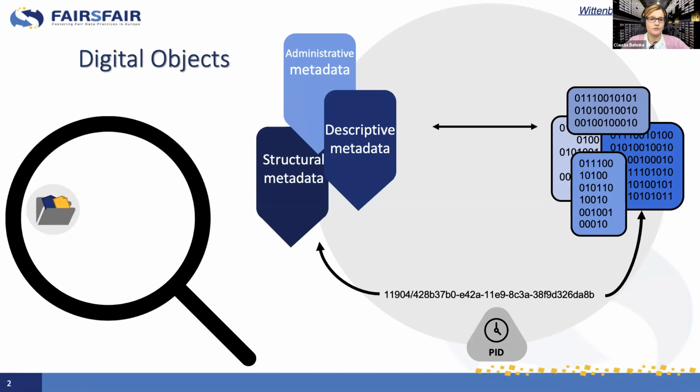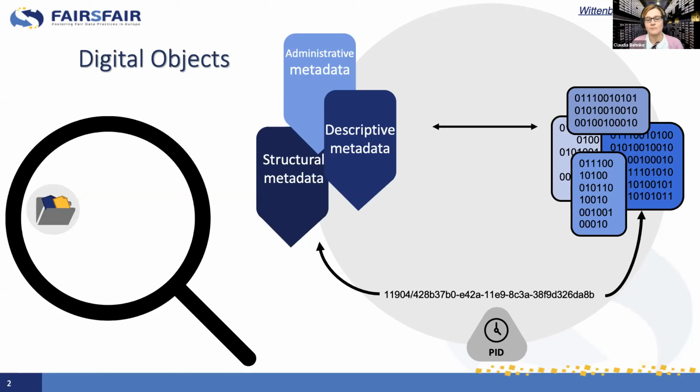So just for those that are maybe not so familiar, I put here 3 different types of metadata. You have structural metadata. This is basically data which tells you how the digital object or how the files are ordered. You can think of, for example, how the pages of a book are ordered in chapters.